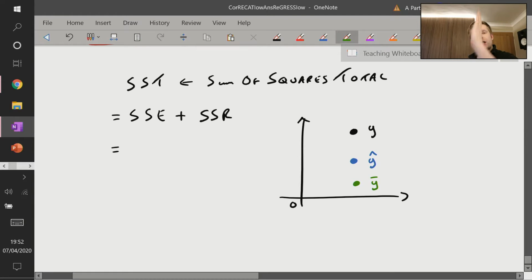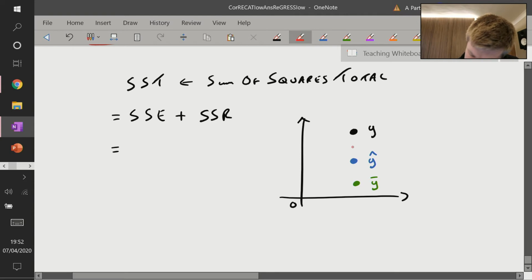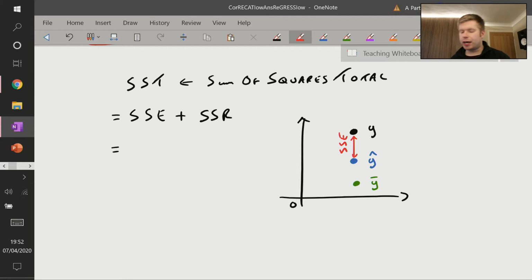But they're always going to be in line, because I'm looking at that in relation to the independent variable. So just to remind yourselves, the difference between y hat and y, my actual data value and my estimated data value, I have called the sum of the squares error. I've looked at the squares of those distances and summed them all together.